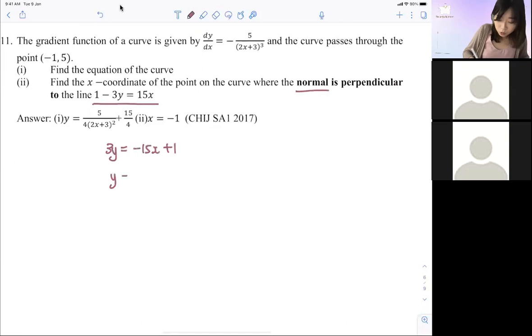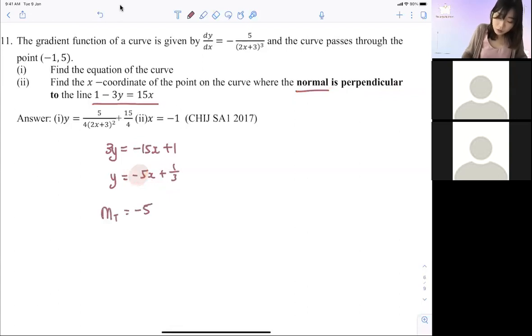Then y equals minus 5x plus 1/3. If the normal is perpendicular to this line, that means the gradient of the tangent is minus 5, right? If normal is perpendicular to the line, the tangent is parallel to the line. So gradient of tangent is minus 5.